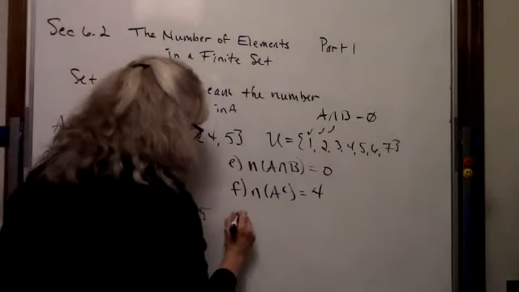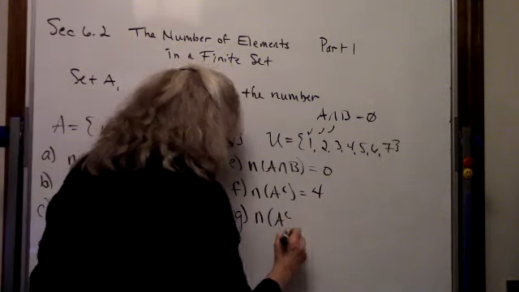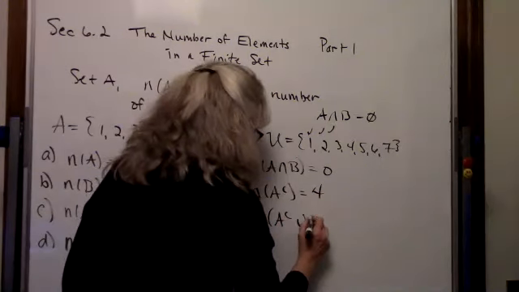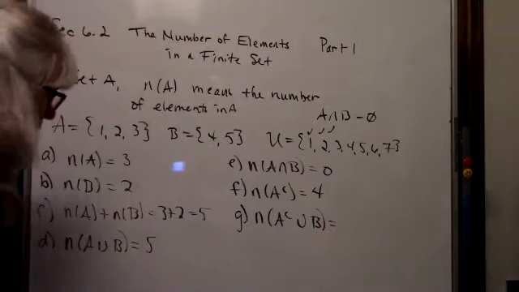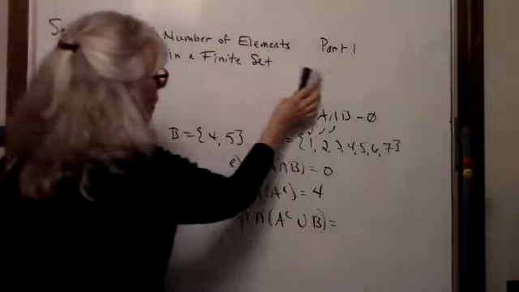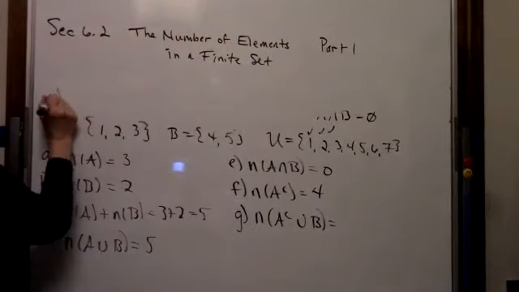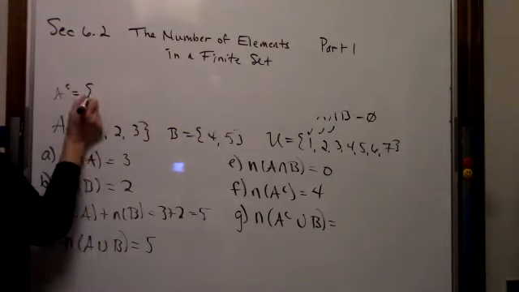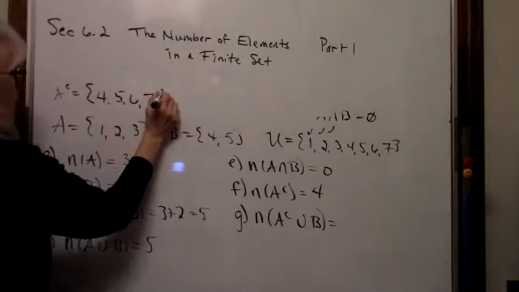Part G is asking us to find the number in A complement union B. I think what we really need to do is make sure we're listing out A complement. So A complement, just to make sure we're all communicating, would be the 4, the 5, the 6, and the 7.